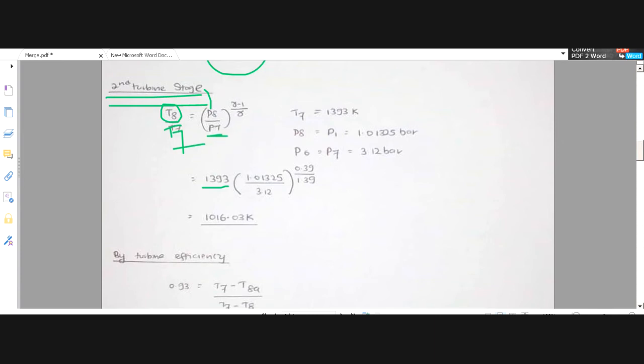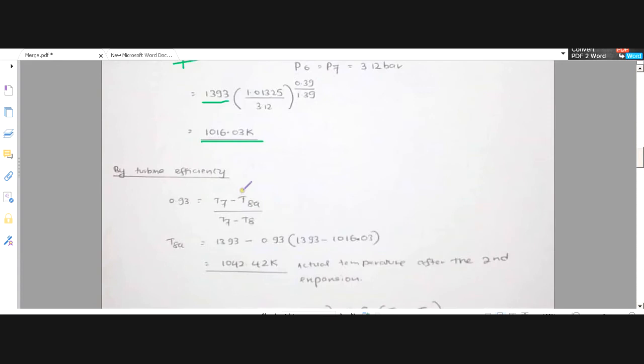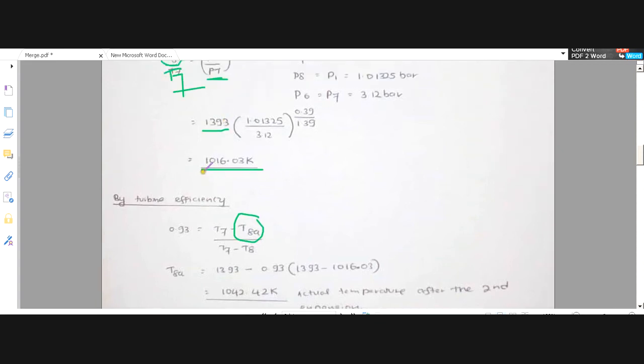So you can very easily evaluate this temperature. That is also clear. Again you have to consider the efficiency scenario. I don't need to explain again. So you need to evaluate T8a, the actual value corresponding to this temperature. Definitely the actual value would be higher than that.